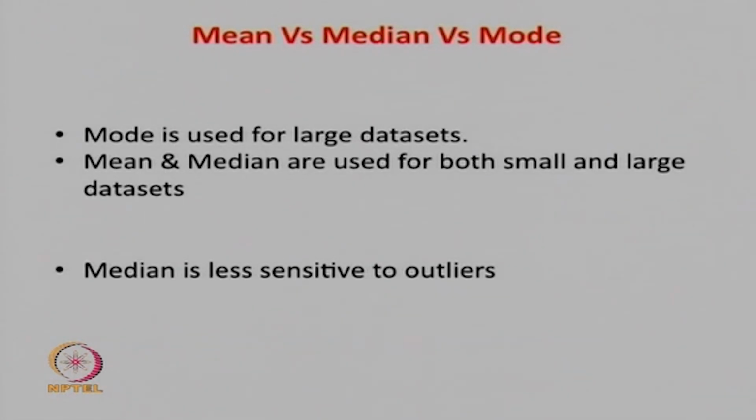There is another way of thinking about when to use mean, when to use median, and when to use mode. Let us say you did experiments with 2 experimental conditions A and B, and you have obtained your data set and you want to ask, do A and B differ?